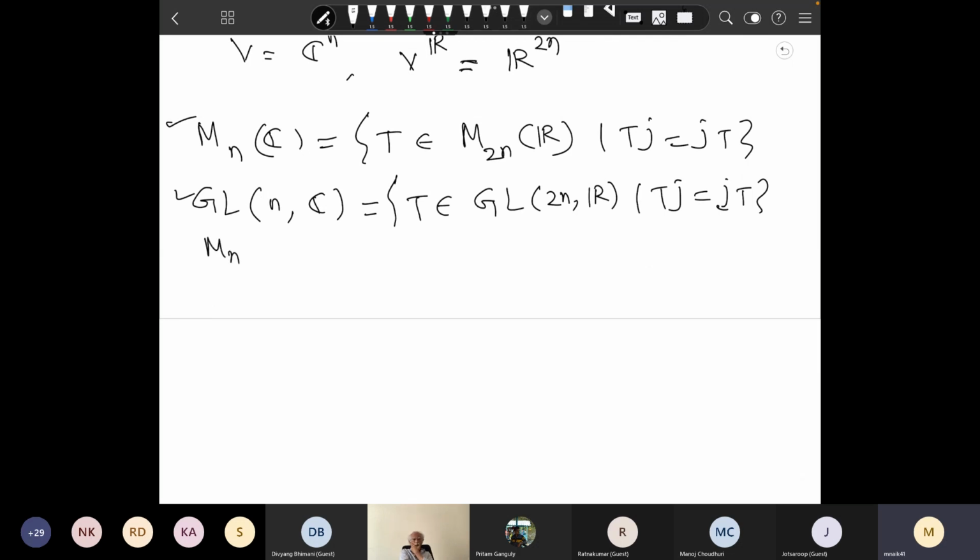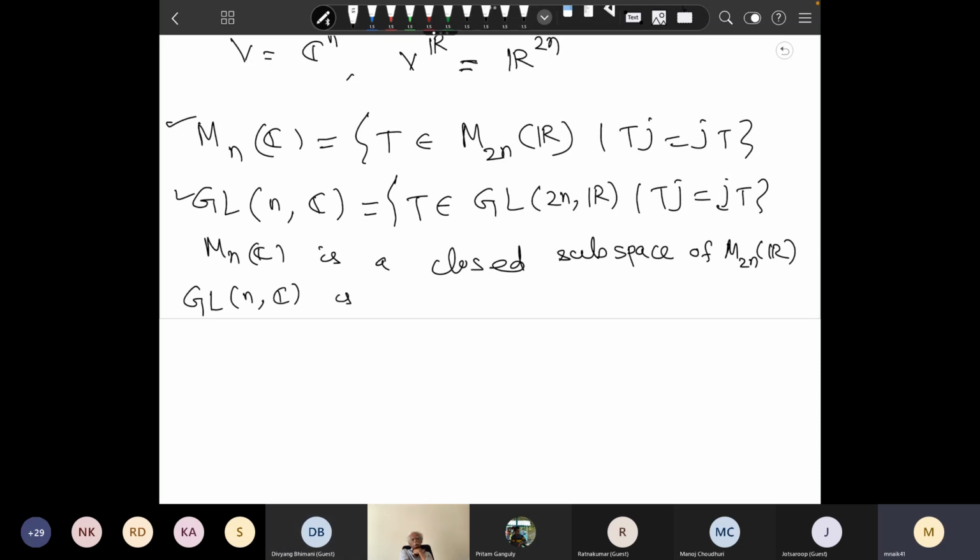So this is a very important equation. From this you will get that M_n(C) is a closed subspace of M_2n(R) from this description, and from this description GL_n(C) is a closed subgroup of GL_2n(R).